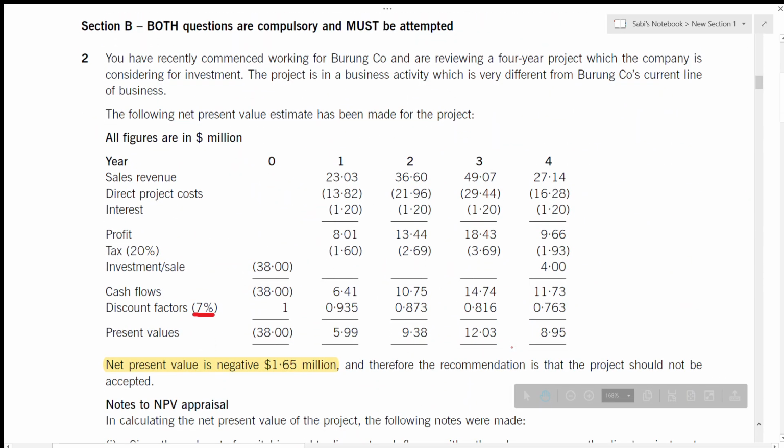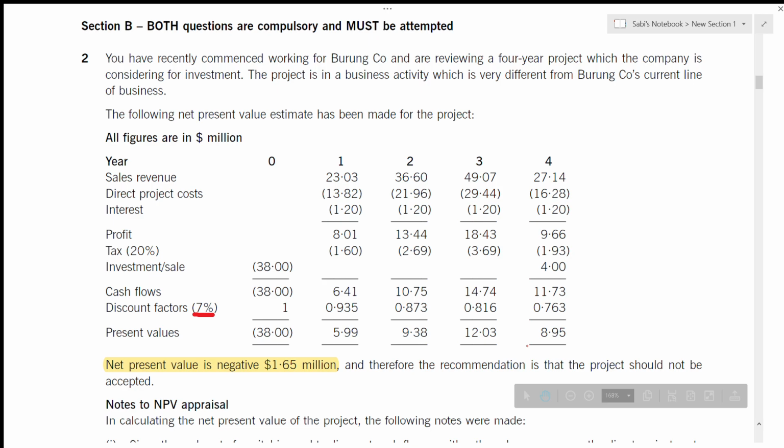So how are you going to start this question? That's my first question to you. Okay, this is a calculation question, so many requirements are there.